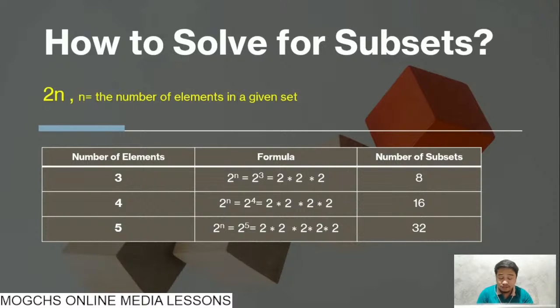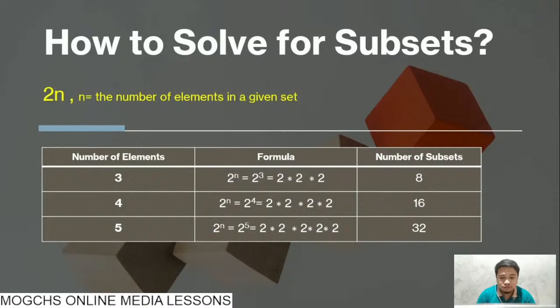Example number 3. The number of elements is, let's say, 3. Just substitute the value of n with 3. So, 2 to the power of 3, 2 times 2 times 2, is equal to 8. Another example. If the number of elements is 4, substitute n with 4.